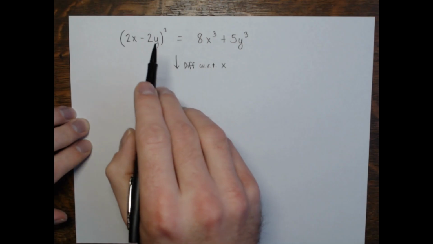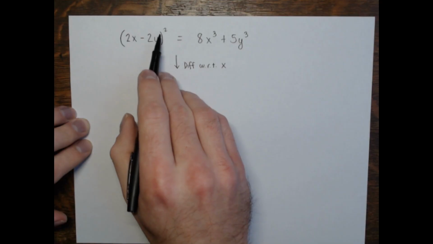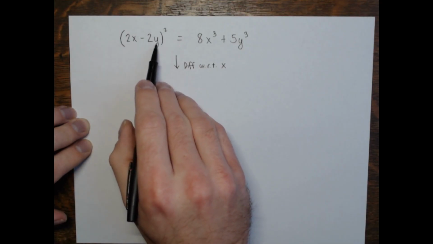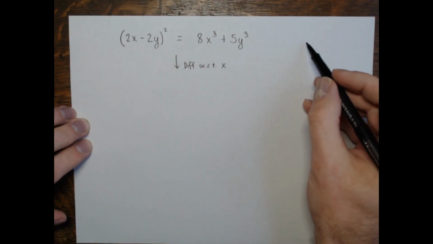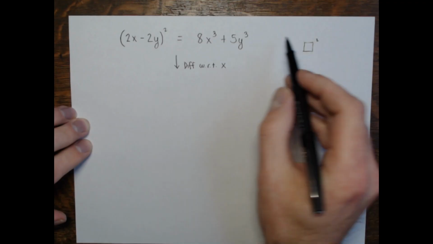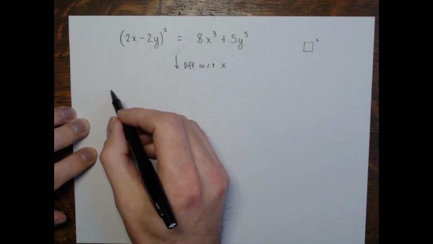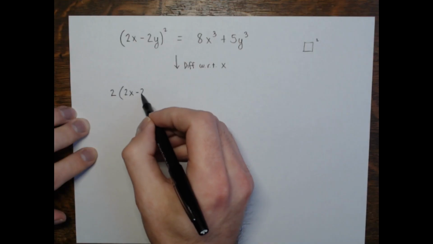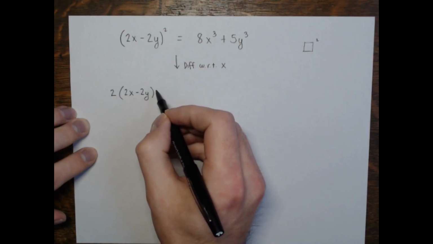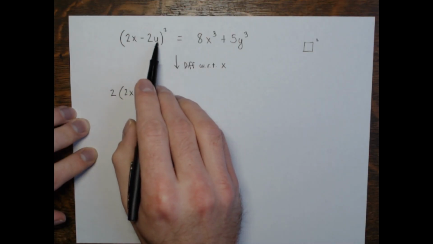variable x. Now, on this side here, notice it's not just x squared, it's some expression with x. y is also implied to be some expression with x. This is something squared over here. So I've got a chain rule. So it'd be 2 times that thing to the first power, and then afterwards, times the derivative of the expression inside.